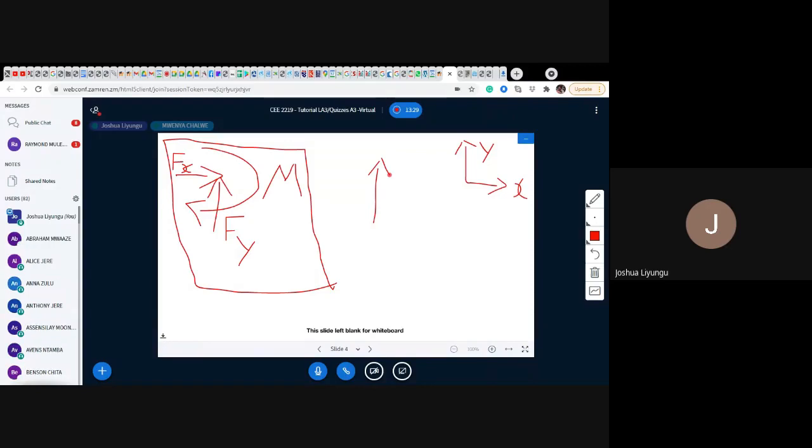When it comes to a roller or wheel support with lateral constraint, do you know what that means? Lateral constraint. This is in 3D.